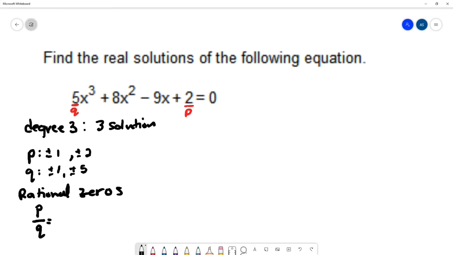So that's going to be 1 over 1, 1 over 5, 2 over 1, and 2 over 5. And these can all be plus or minus.